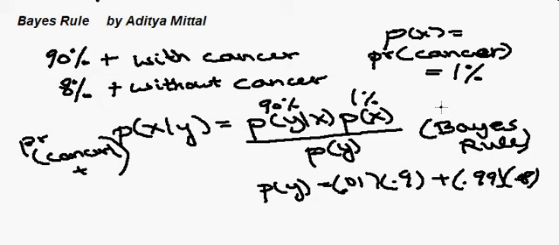I'm going to quickly go ahead and compute this. So we have 0.9 times 0.01 divided by 0.01 times 0.9 plus 0.99 times 0.08, and this gives us P of x given y is equal to about 0.10, which is about 10%.